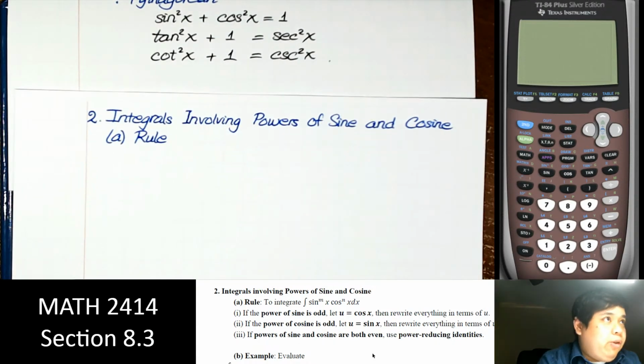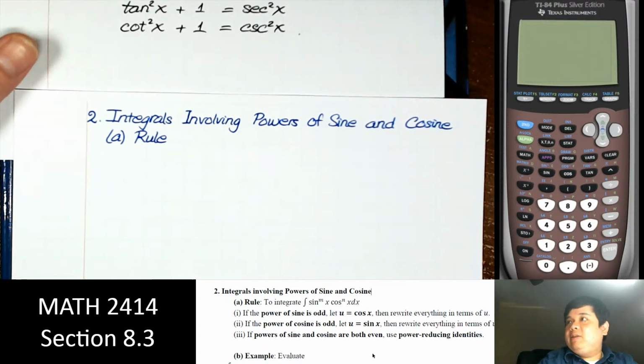So the first part of the section is where we have powers of sine and cosine.